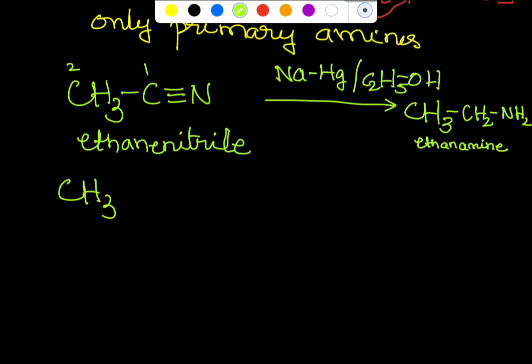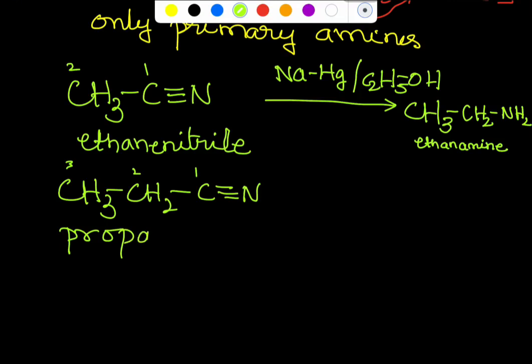Take one more example, CH3CH2CN. How many carbon atoms are there here? Three carbon atoms. Earlier this compound was called ethyl cyanide, but the use of cyanide is not encouraged in IUPAC nomenclature. You have to call it propane nitrile, considering the carbon atom of the functional group also.